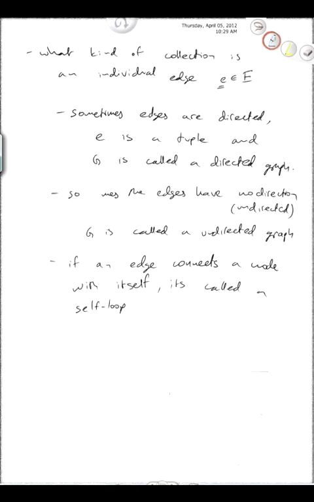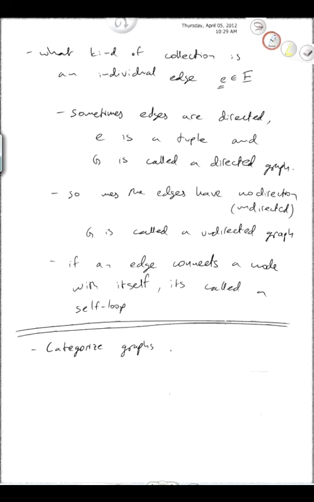So that really allows us to categorize graphs in three different ways. So the major ways of categorizing graphs are the following. Is it a graph or is it a multigraph?